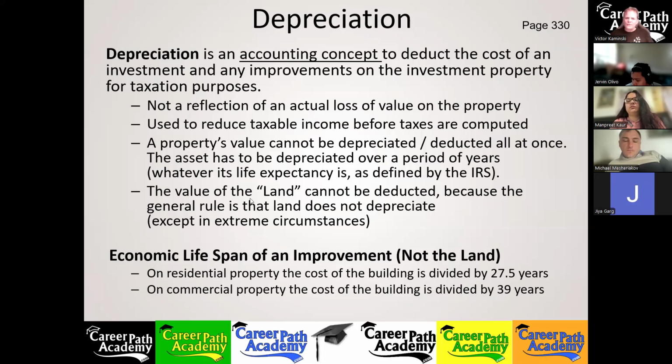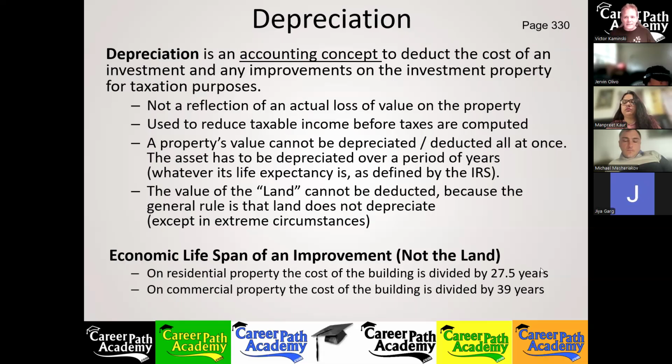The value of the land cannot be deducted, though. Why not? Because land does not depreciate, only the improvement to the land. So when it comes to real estate depreciation, they refer to it as the economic lifespan of an improvement, not the land.